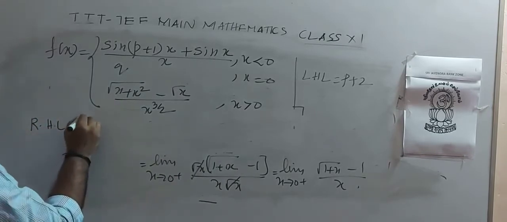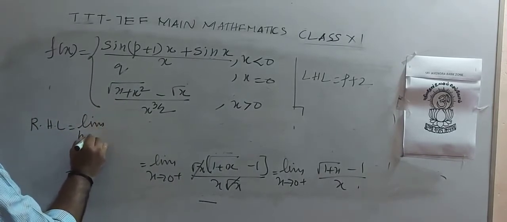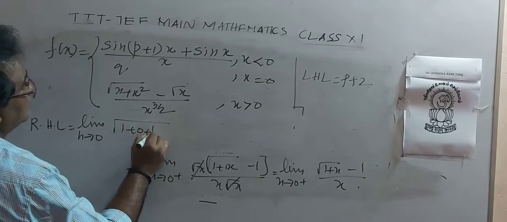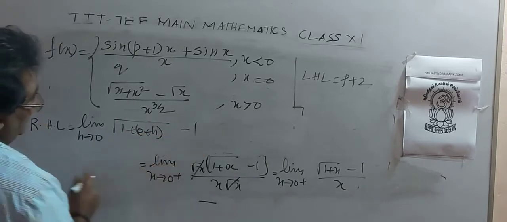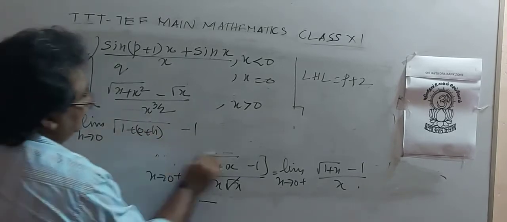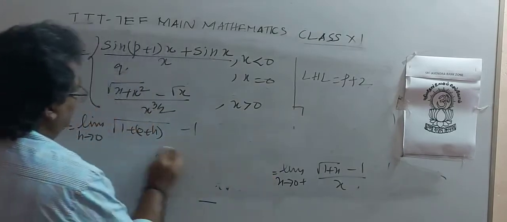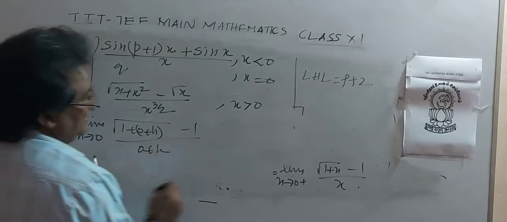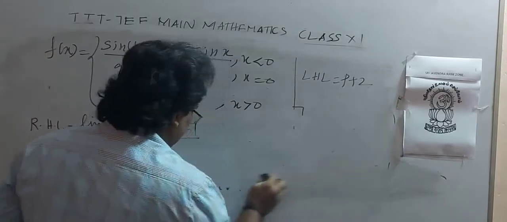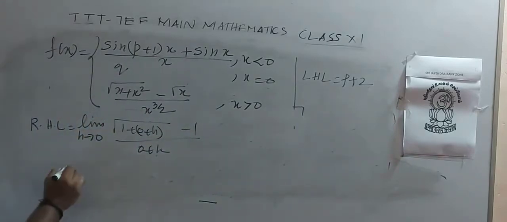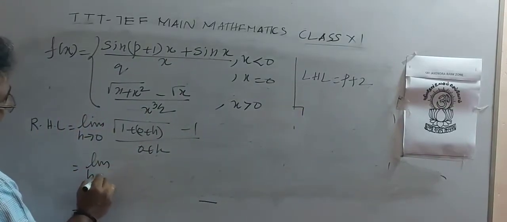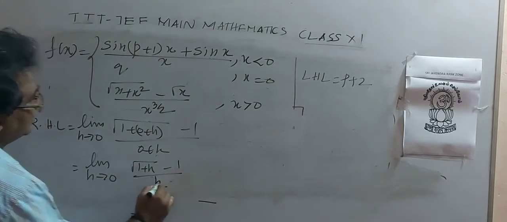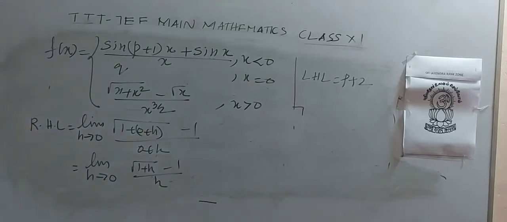So limit h tends to 0, 1 plus 0 plus h minus 1 divided by 0 plus h. In place of x, you write 0 plus h. Limit h tends to 0 root of 1 plus h minus 1 by h.